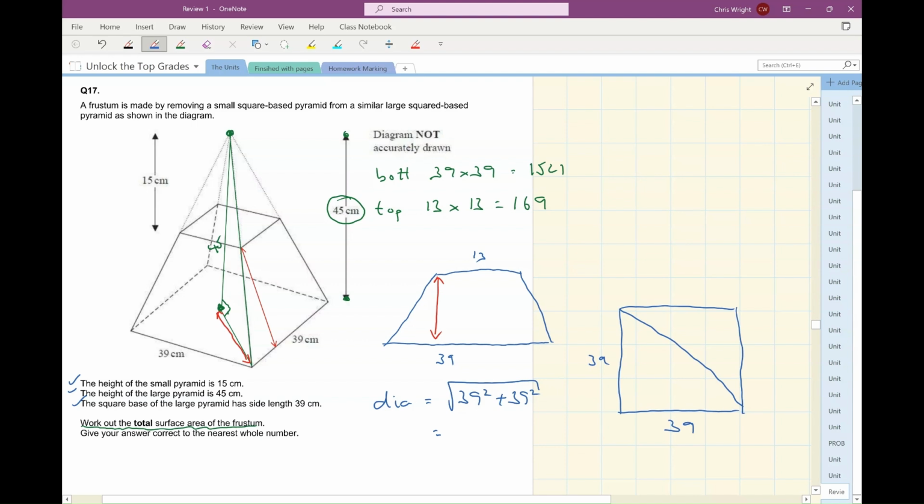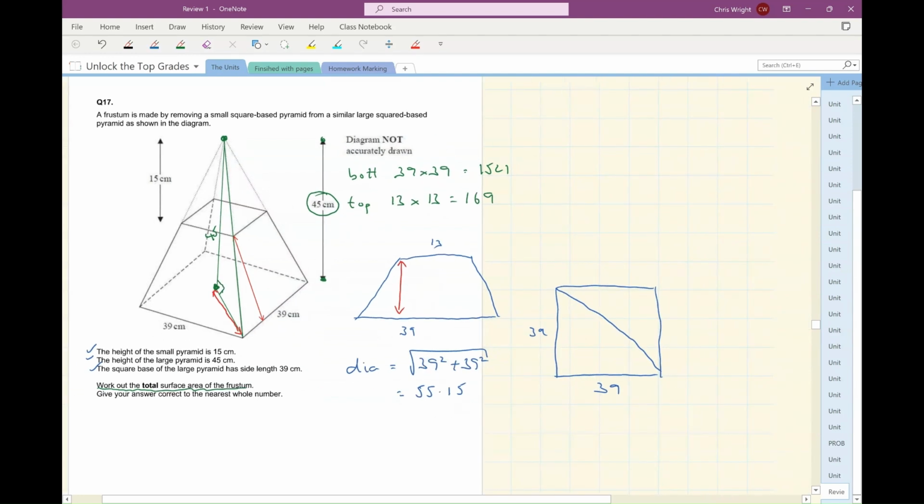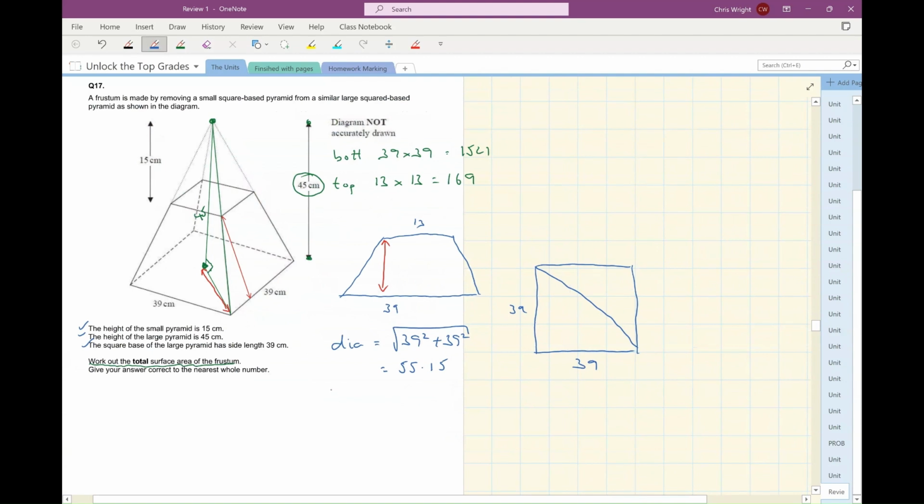It is the square root of 39 squared plus 39 squared. Okay, which is 55.15. So therefore, the base of my right-angled triangle is half of that. So the base of the triangle is that divided by 2. 27.577.